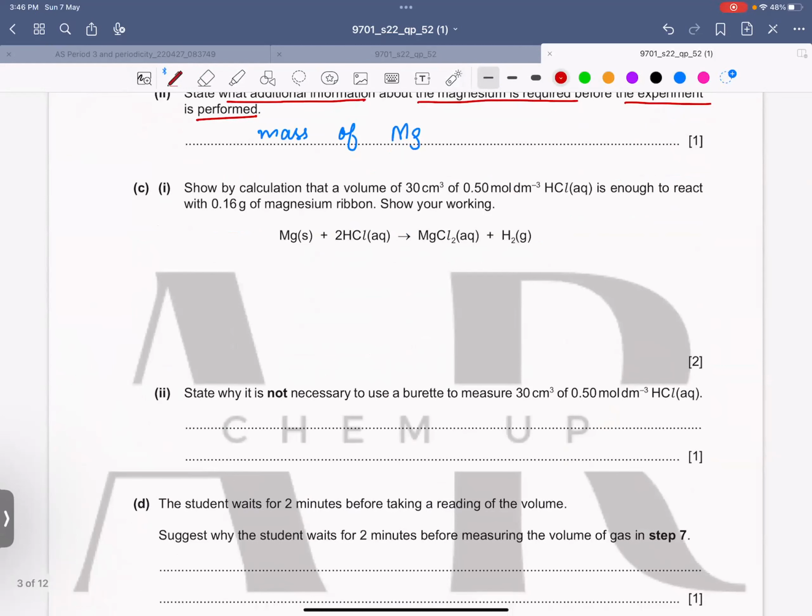Now, show by calculation that a volume of 30 centimeter cube of 0.5 mole per dm cube is enough to react with 0.16 gram magnesium ribbon. Show your working. So we have to show that these two must be in the ratio of 1:2 as they are provided in the equation.